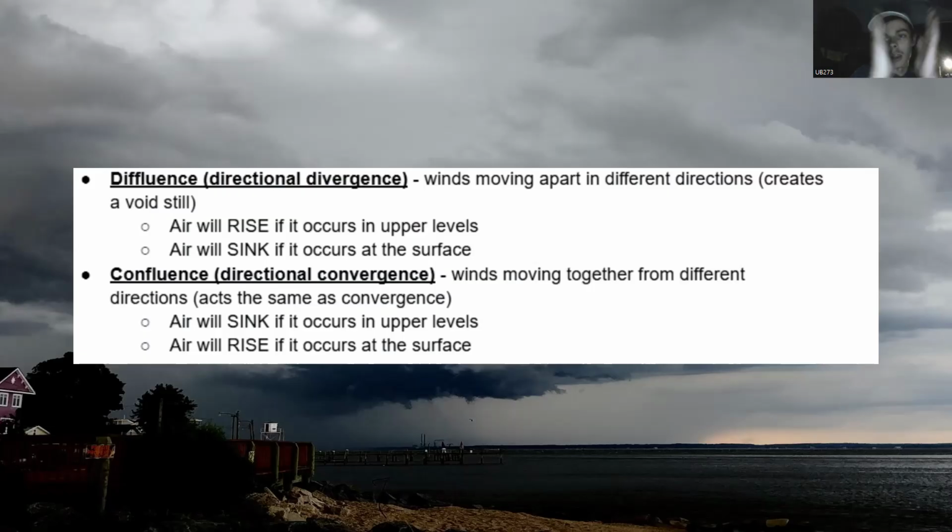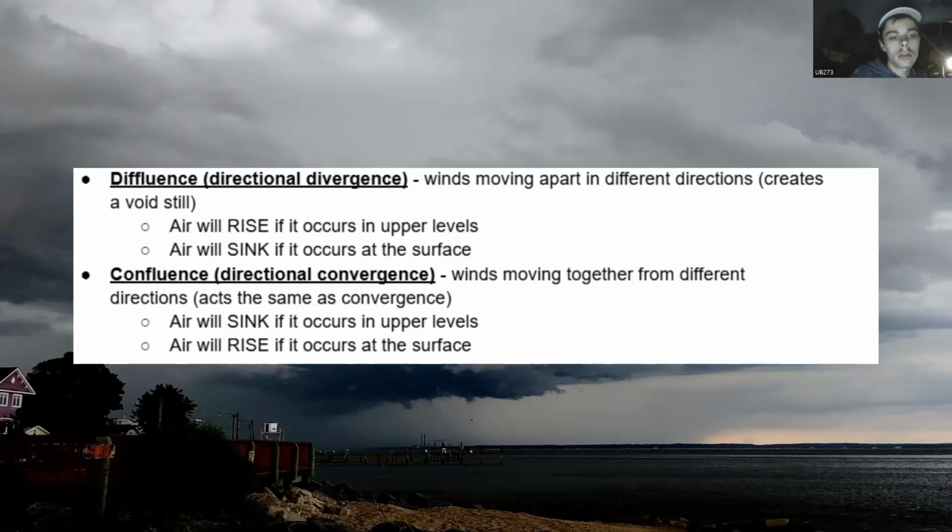So that's going to be more like this, like opening in a V, and it would still create a void, and air is going to rise if it occurs at the upper levels to fill that void, and air will sink at the surface because if we have a gap created at the surface, air can't rise to fill it, since there's just ground below. It can't rise because we're at the ground already. So only air could go down to fill that. So it would sink at the surface to fill that gap.